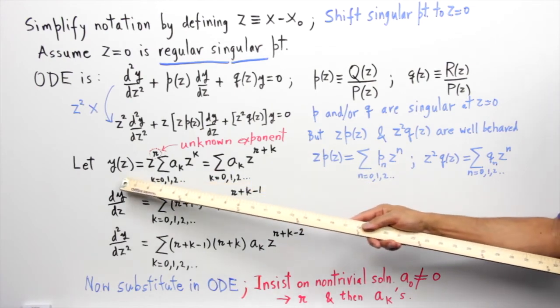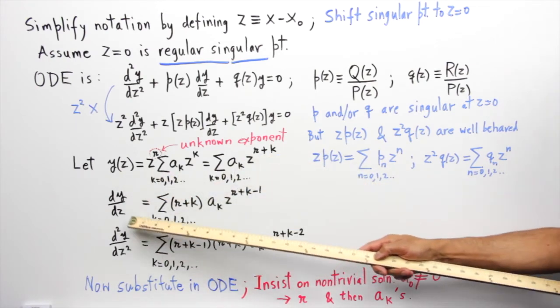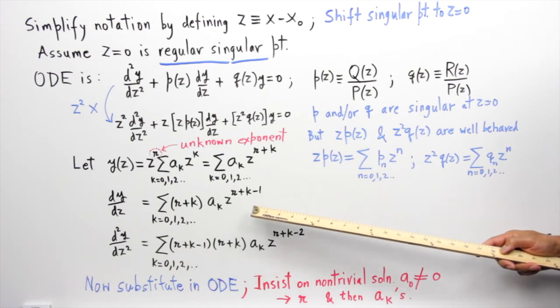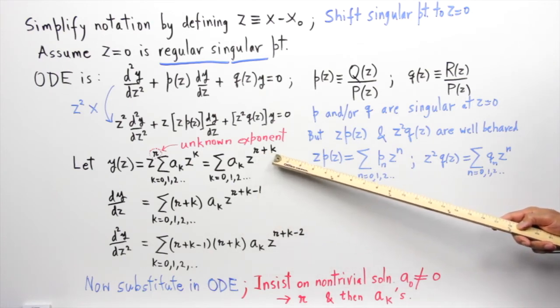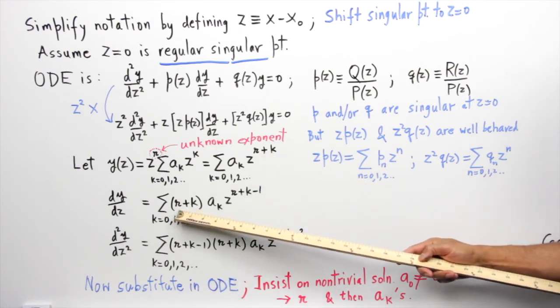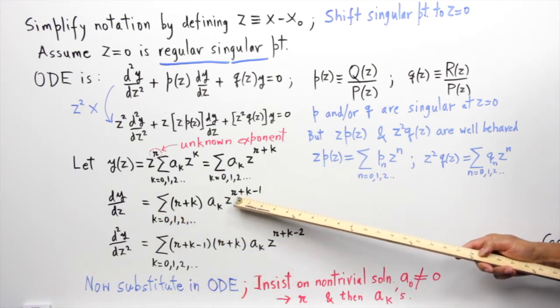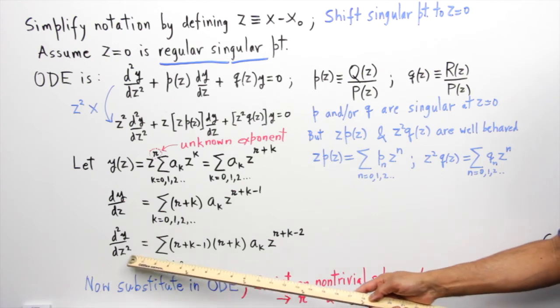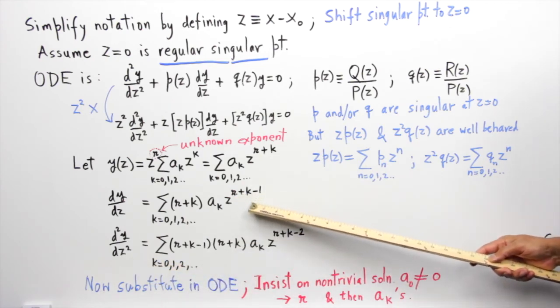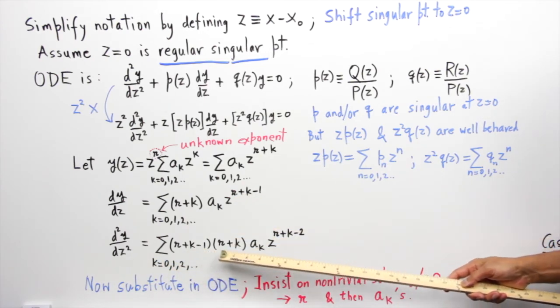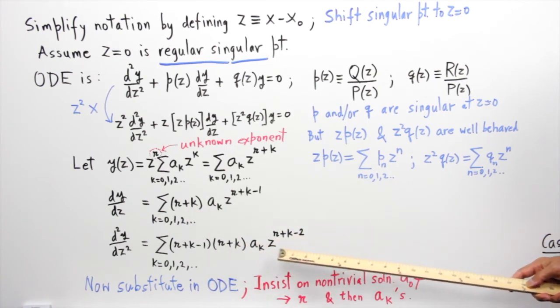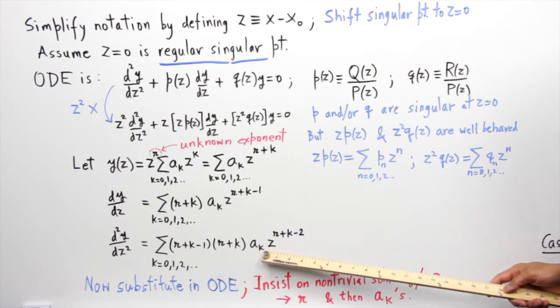And so at this stage, we are ready to take derivatives, and so we are taking derivatives just as we did before. But since the power is r plus k, this factor shows up here when we differentiate it once, and power reduces by 1. And so when we differentiate one more time, then this factor gets put over here. This is carried here, and so this is the expression for the second derivative.